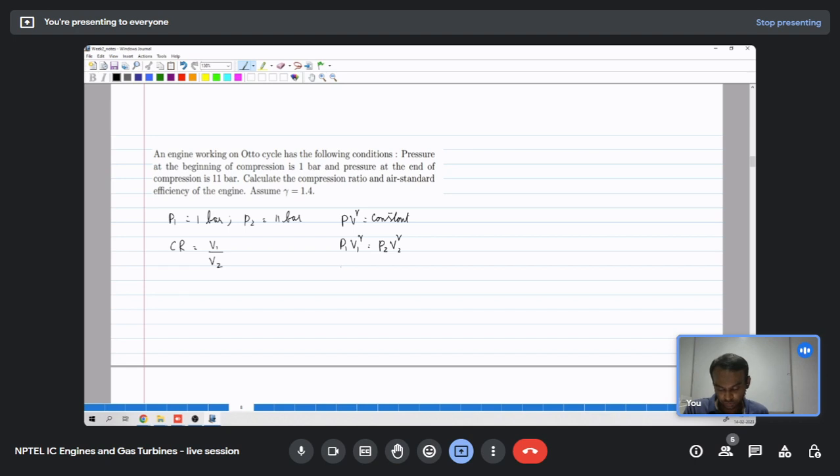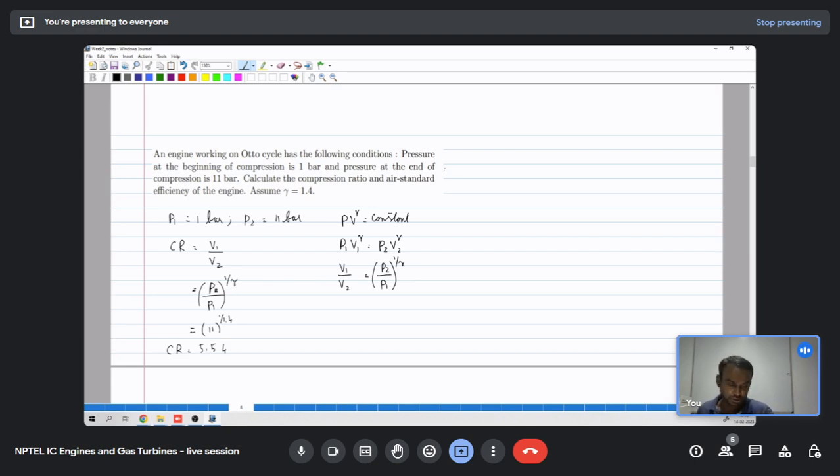Now if you want V1 by V2, we will have P2 by P1 power 1 by gamma. So that is 11 power 1 by 1.4.